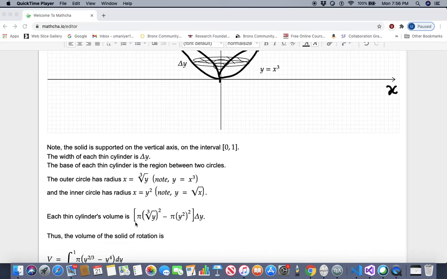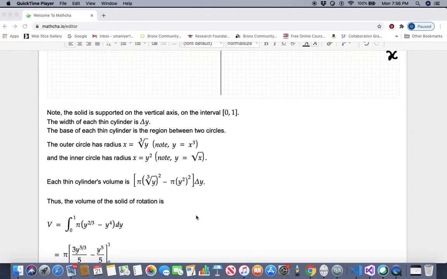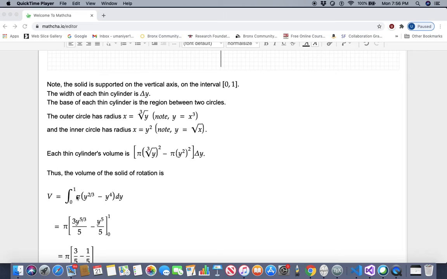You take this area of the base times its width. So when I take the integration, my volume of the solid is the integral from 0 to 1 of pi times (y to the 2/3 minus y to the 4th) dy.